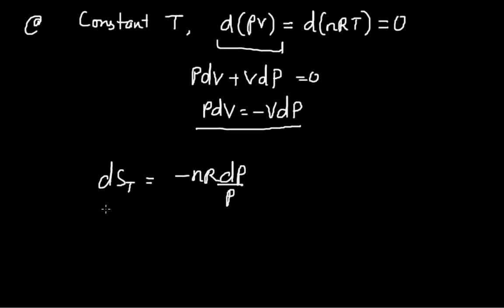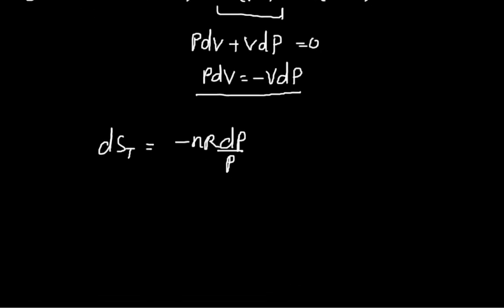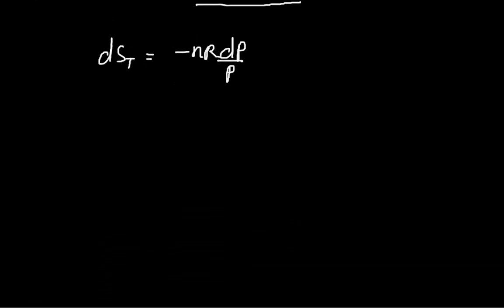Now for an arbitrary pressure, if we want to get the entropy at a certain pressure p, how do I do it? I just integrate from p naught to p.